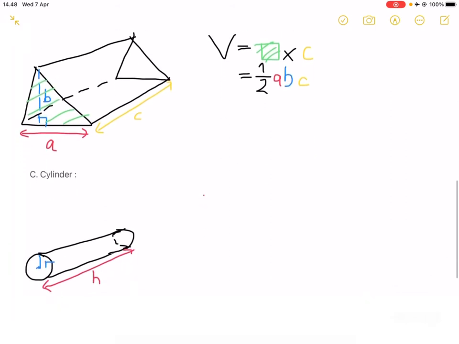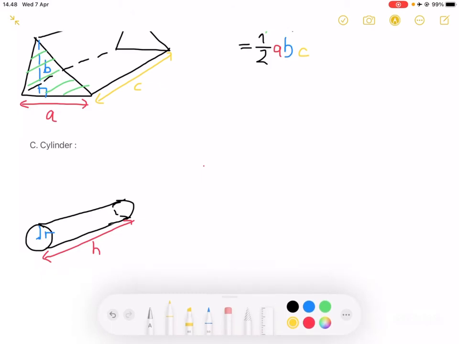And lastly, although some of you may disagree that a cylinder is a prism, a cylinder is, quote unquote, a prism that has a face in the shape of a circle.